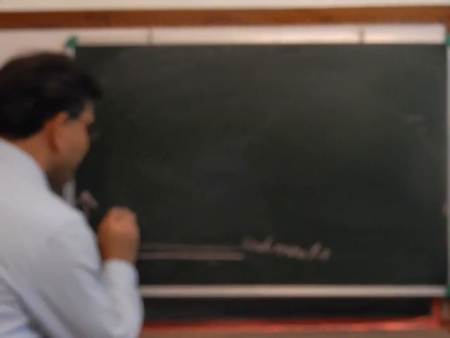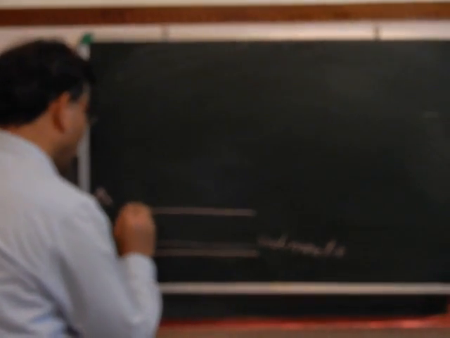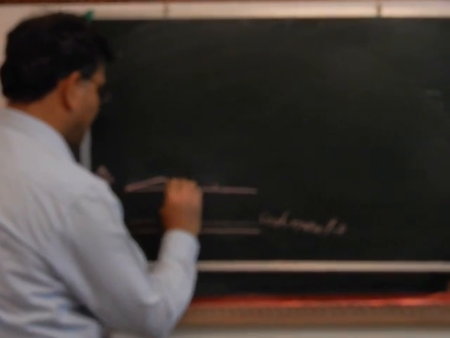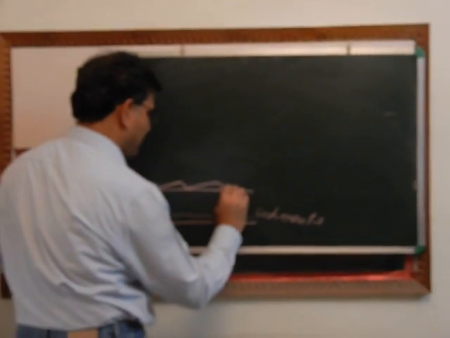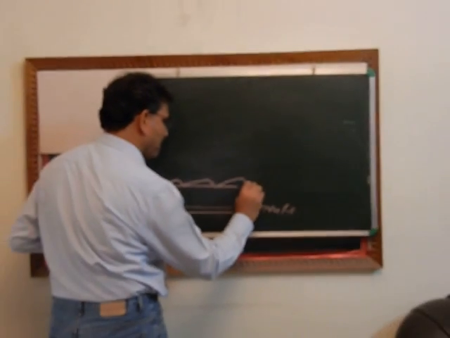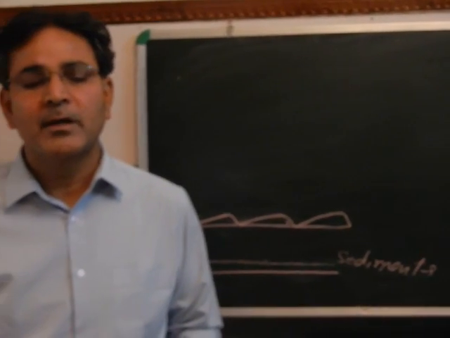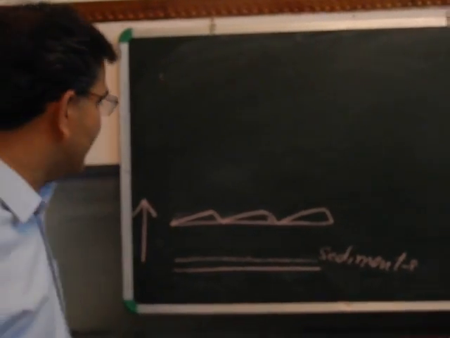With further increase in the velocity, the ripples will be formed. These ripples are small scale ripples.